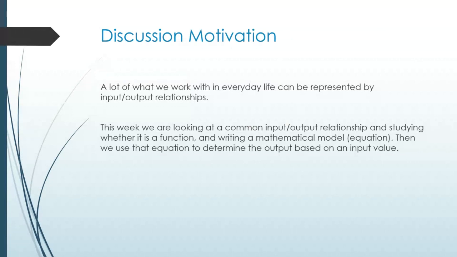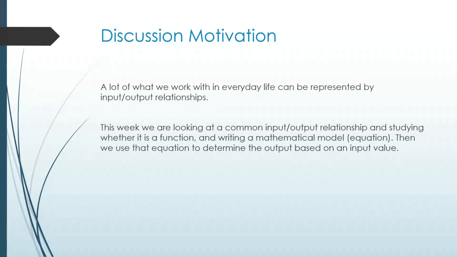So here's basically the motivation behind our discussion this week. As I mentioned, a lot of things are input-output relationships. A lot of things in everyday life are related in some way. So this week, we're looking at a very common type of input-output relationship, and then we're studying whether that is considered a function by our mathematical definition. Then we're going to write a model, which is basically an equation that represents that specific situation.